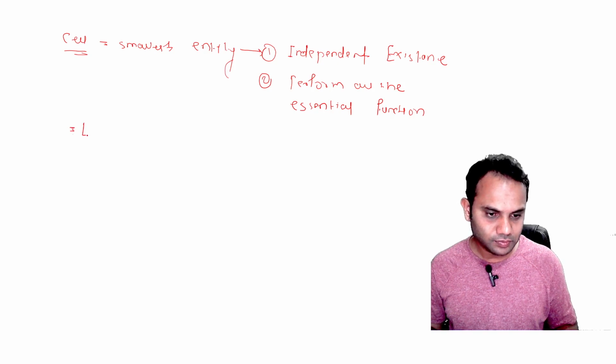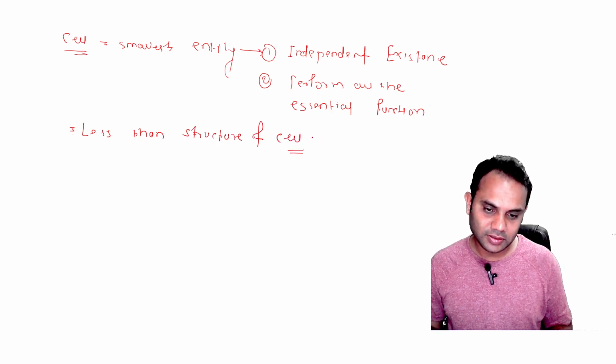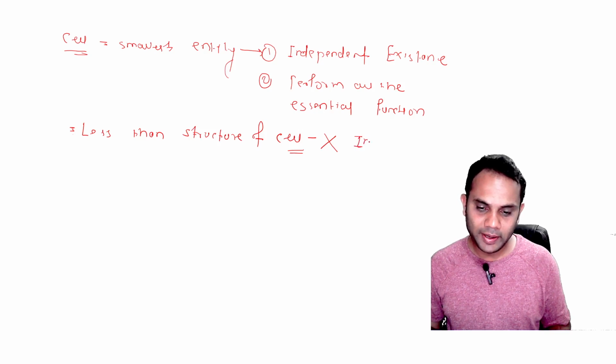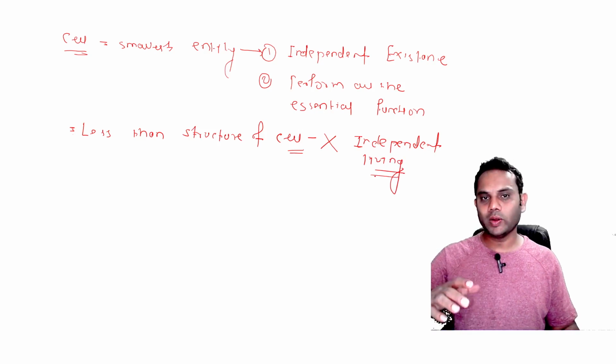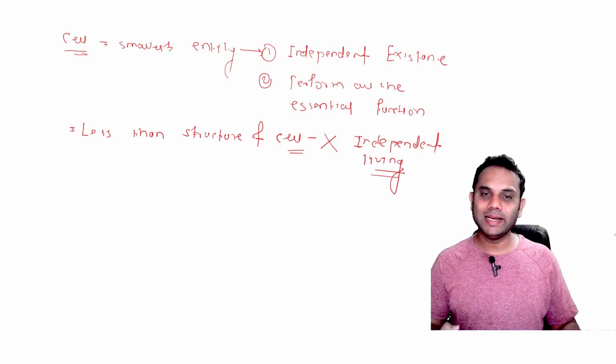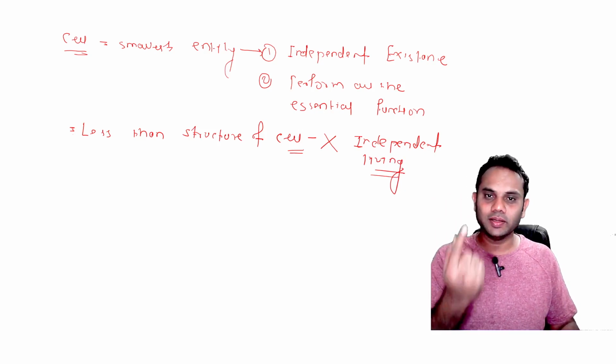anything less than the structure of a cell is not capable of independent living. Independent living means to carry out or to have independent existence; at least one cell structure should be there.